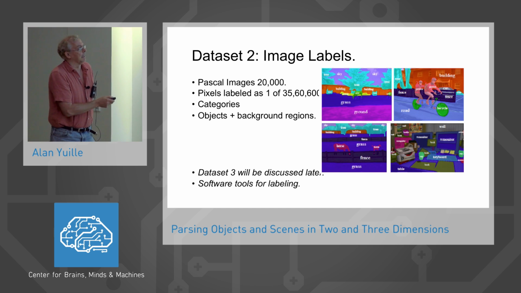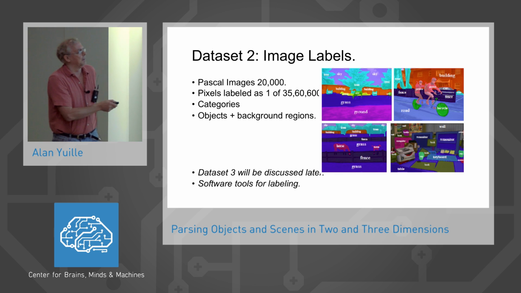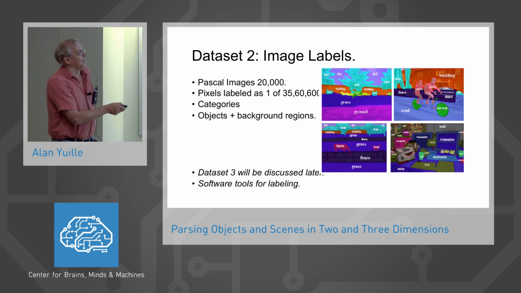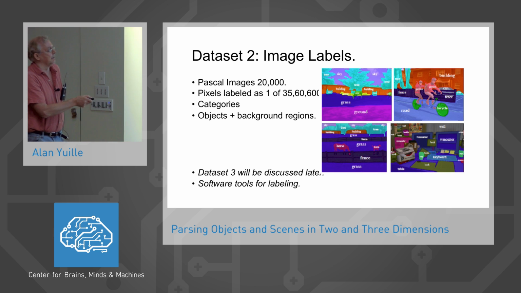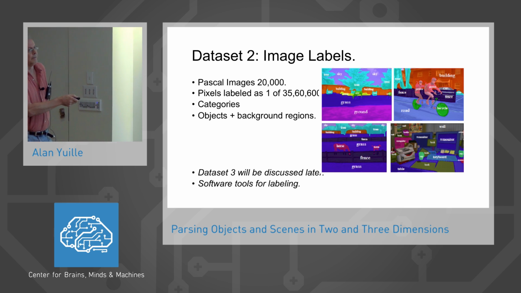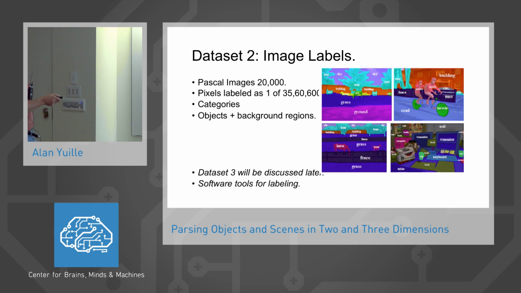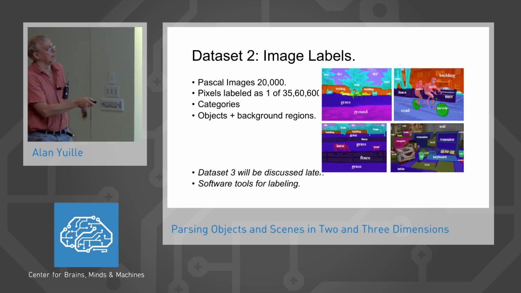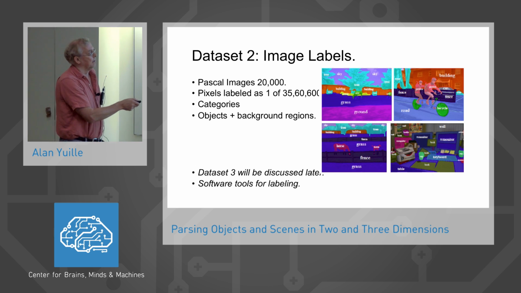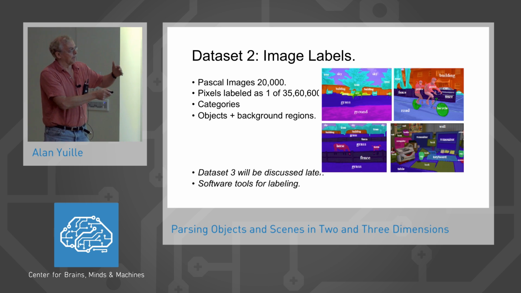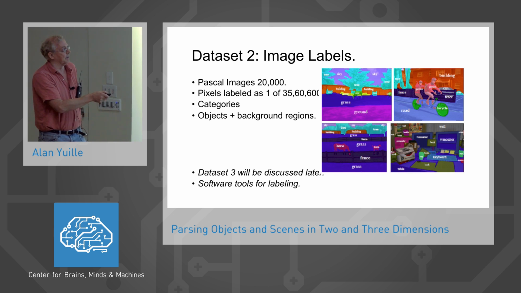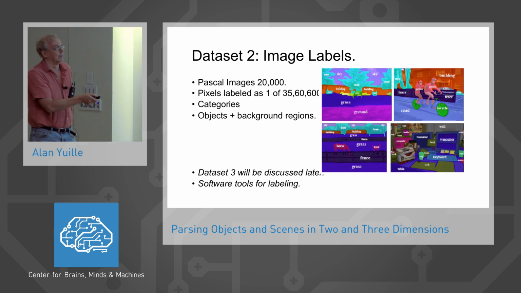Second one was image labels. What you do here is you take the image and break it down, depending on the granularity, into 35 different classes. So every pixel here would be labeled as sky, grass, ground, building, tree, or something of that form. Another level of granularity was to label 60, and the biggest one we had was labeling 600.